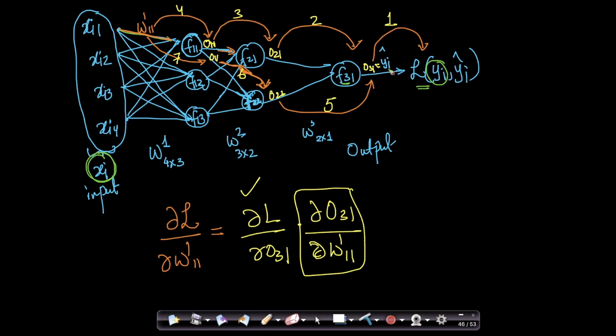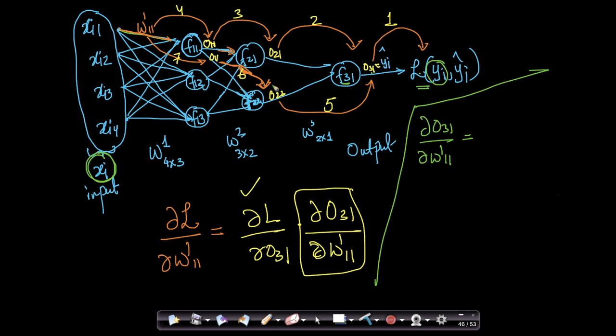So we have derivative of L with respect to O31. Now we have to compute this. Now we have to compute derivative of O31 with respect to, okay, so this is the challenging part, right? So let me write it down here carefully. Derivative of O31 with respect to this is, because O31 has this path, 2, 3, 4 path to W111.